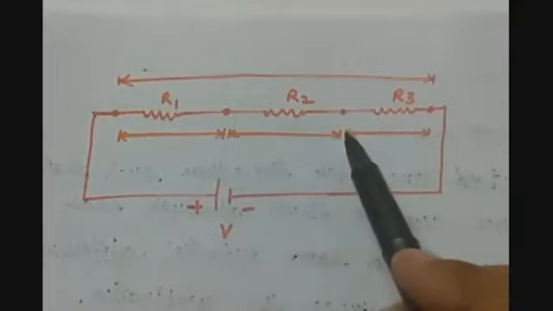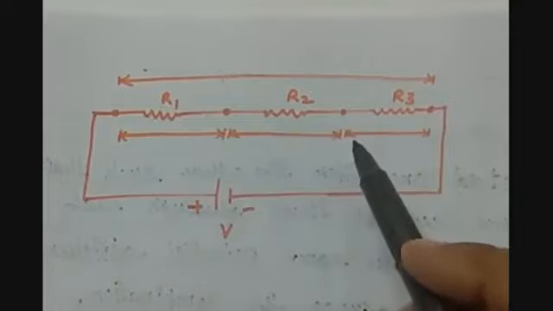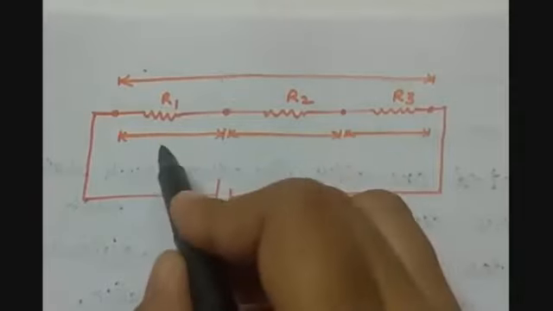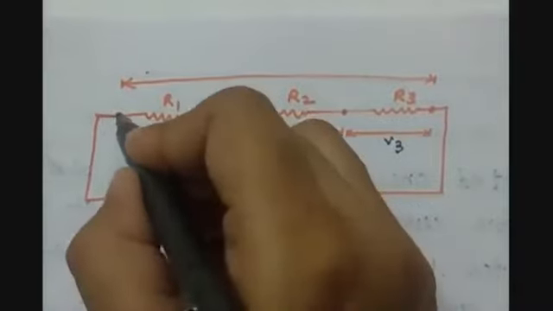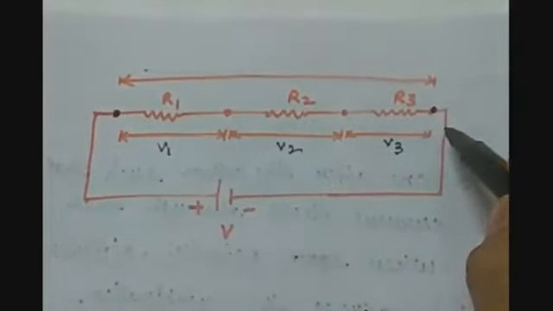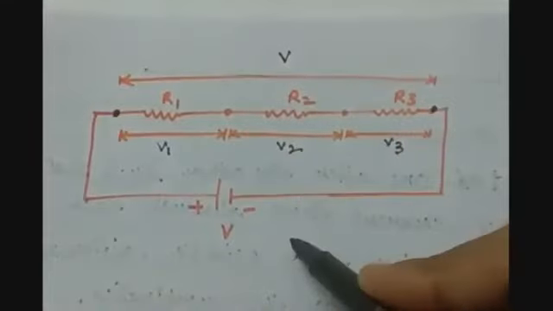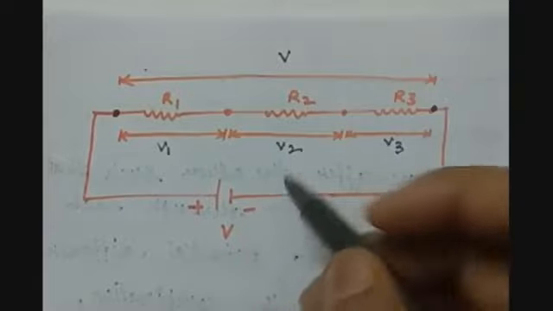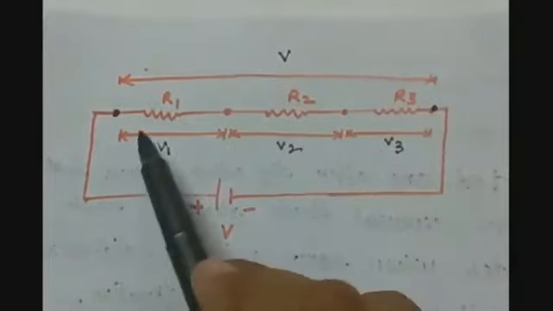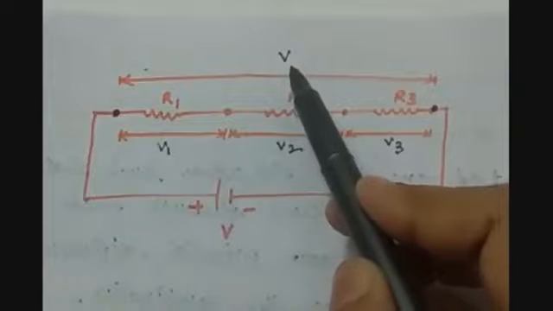So in case of series combinations, here in front of you we have a circuit in which we have three resistors connected with each other in series, and as we have performed the activities, now we know that the potential difference across each resistance is V1, V2 and V3, whereas the potential difference across the combination of resistance is V, and V is the V volt potential difference given to the circuit, and that is why the combination has a potential difference of V volts.